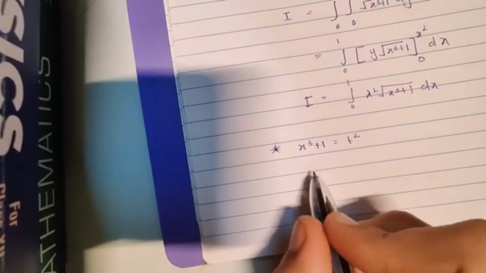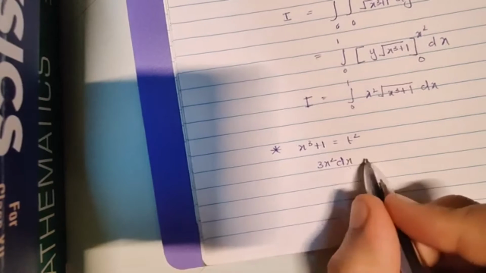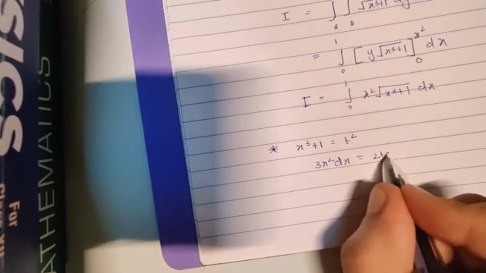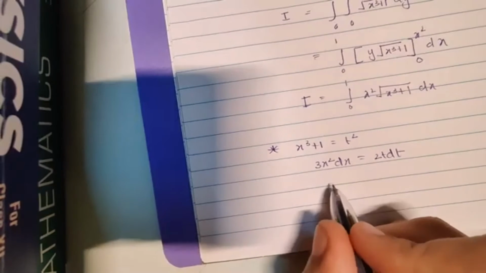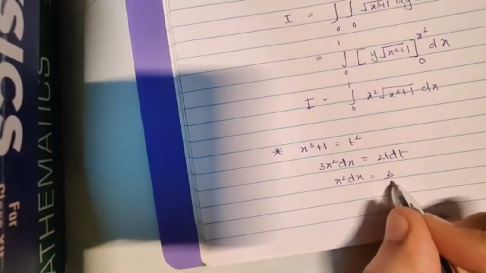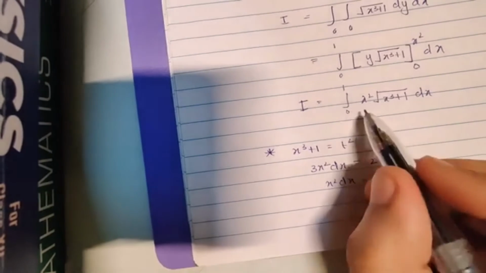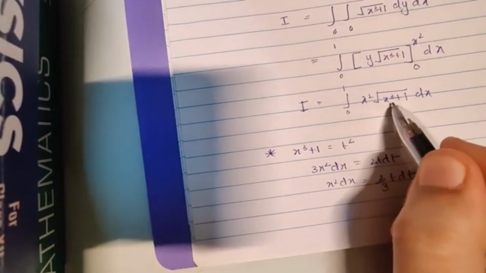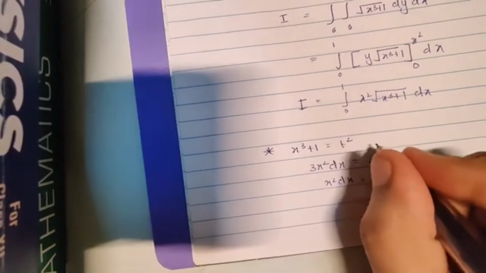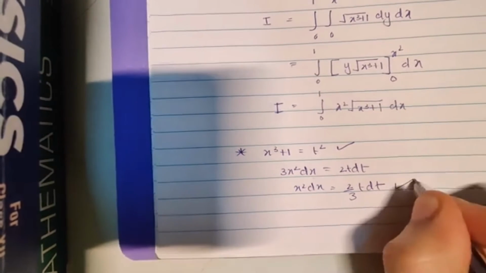Simple formula, n x raised to the power n minus 1, which would be 3x square dx equal to 2t dt, and from here we get x square dx as 2 by 3 t dt. Now here we have x cube plus 1, which can be substituted by this, and x square dx, which can be substituted by this.